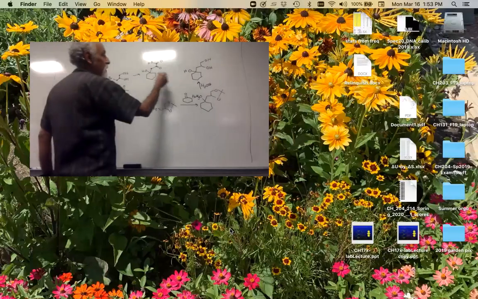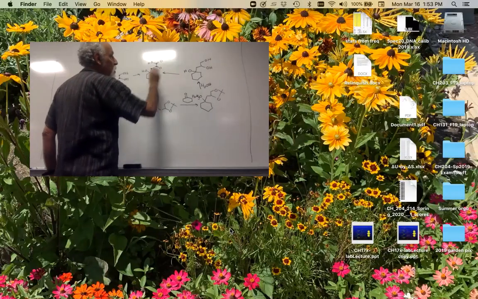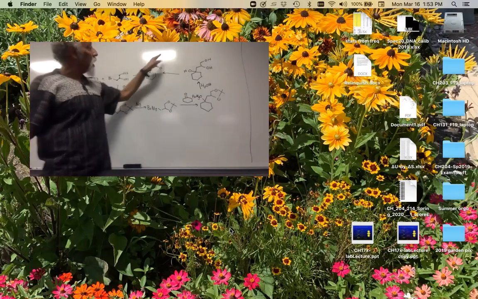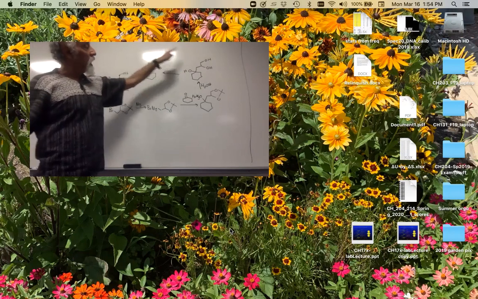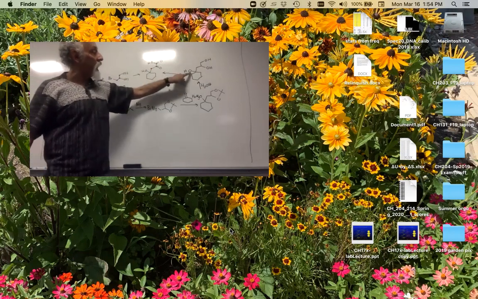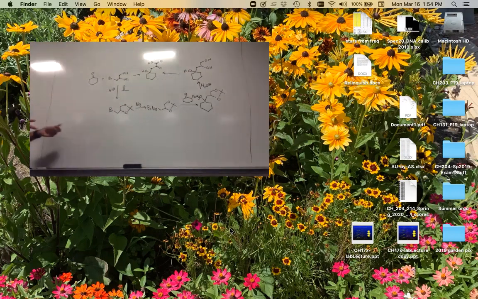Okay, and now to finish off the synthesis, I know of a way to convert a primary alcohol to a carboxylic acid. I know a way to convert a secondary alcohol to a ketone, and I know a reagent that will leave a tertiary alcohol undisturbed. So what am I writing over that arrow? What's the reaction here?